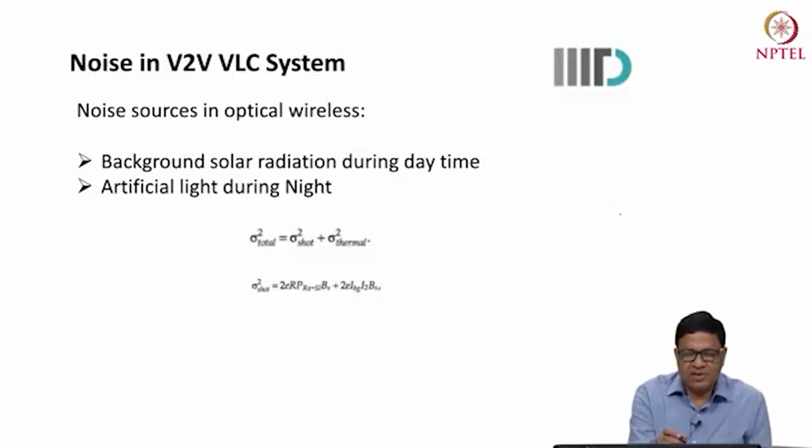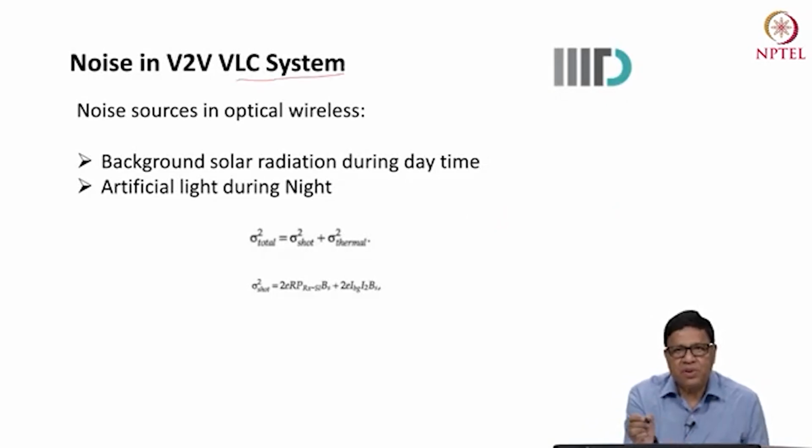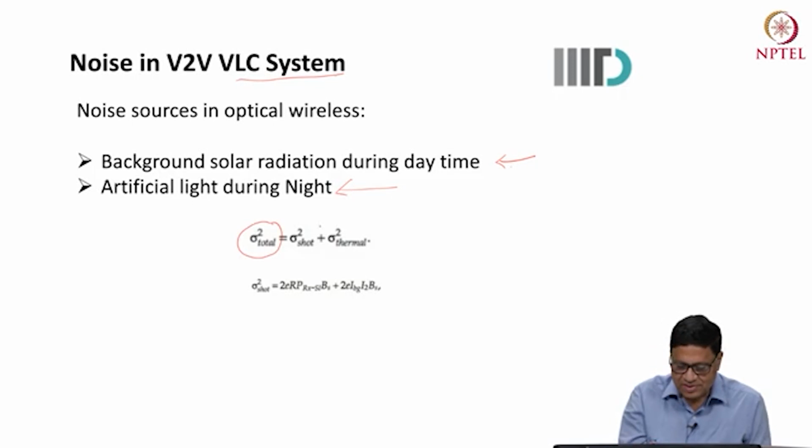So as we discussed, the noise in the VLC system, because ultimately you have to calculate signal to noise ratio. The noise sources are background solar radiation or artificial light during night, and the total noise is shot and thermal noise.